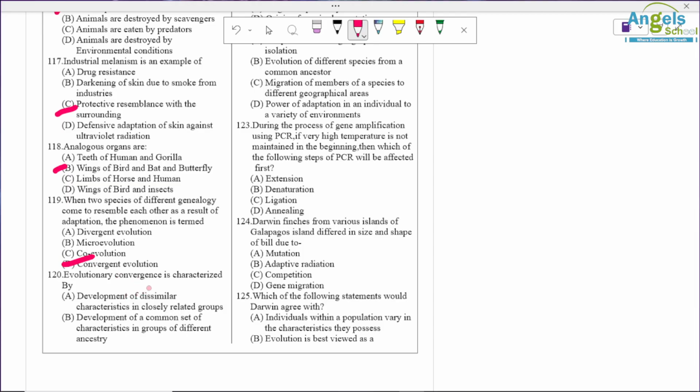Evolutionary convergence is characterized by development of a common set of characters in a group of different ancestry. So option B is correct.